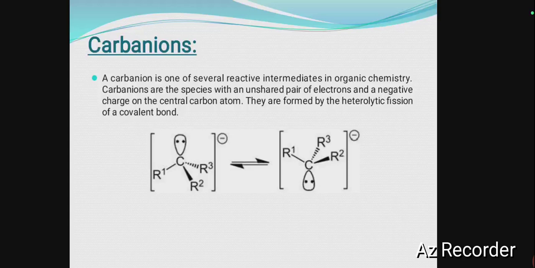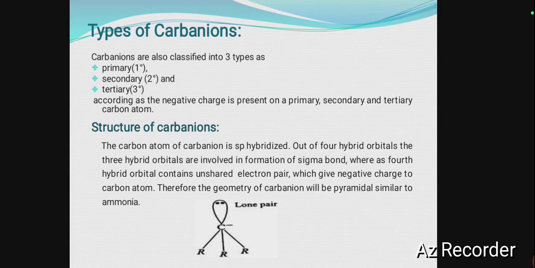Whereas here the carbon atom consists of an unshared pair of electrons, due to which there is a negative charge on the central carbon atom. These are termed carbanions, and these are formed by the heterolytic fission of a covalent bond. Next, types of carbanions.